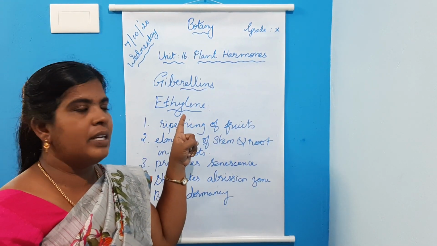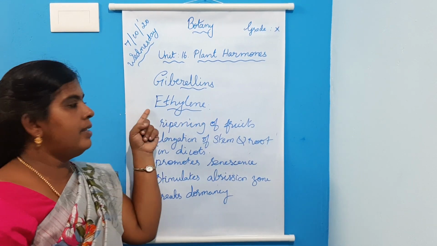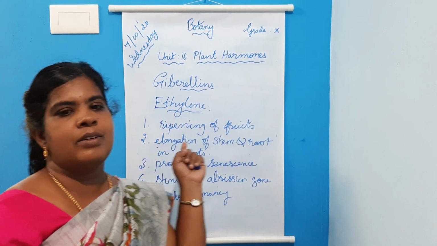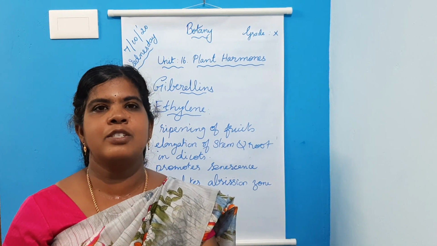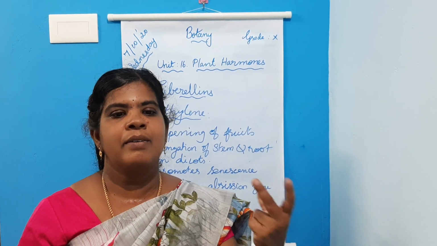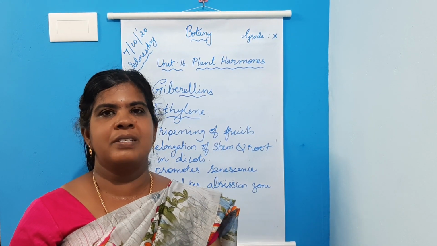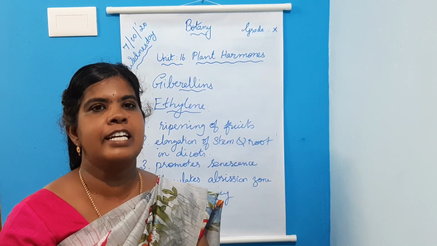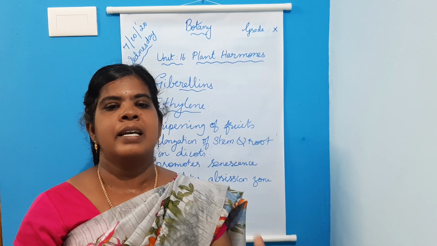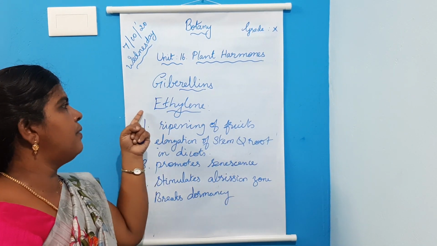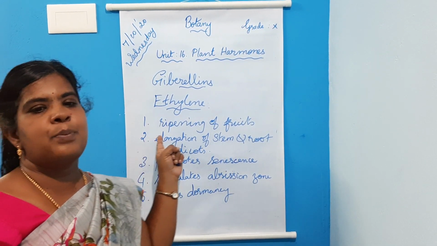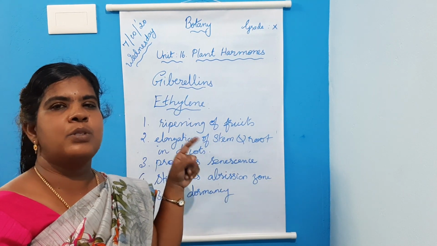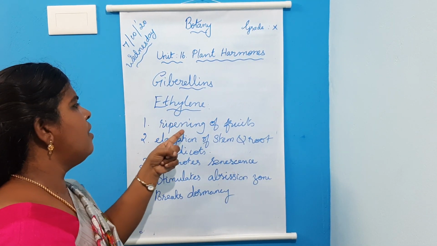So, which is the gaseous plant hormone? Ethylene. The synthesis of ethylene is maximum during ripening of fruits, isn't it? Next are the physiological effects of ethylene. Ethylene is responsible for ripening of fruits, or it promotes ripening of fruits.